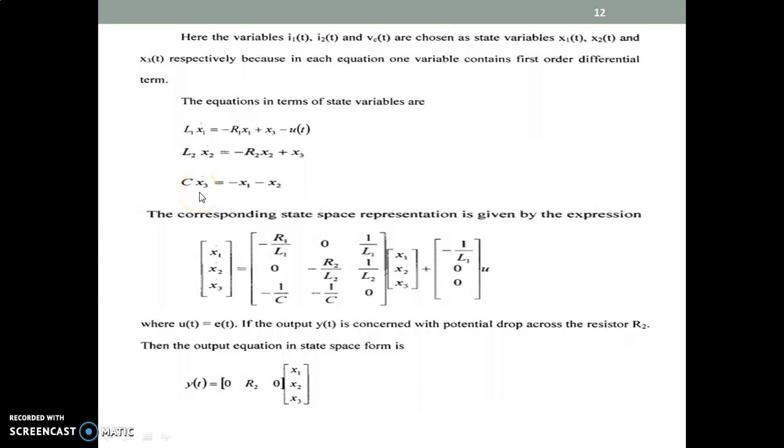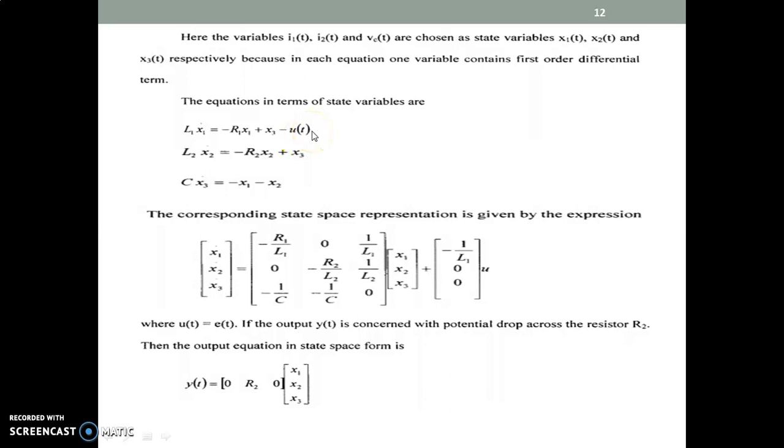Now, when you are representing in the state model, you have to take x1 dot, x2 dot and x3 dot and shift the remaining values to the right. What will you get? X1 dot equal to minus R1 by L1 into x1 plus, there is no x2, right, 0, plus 1 by L1 into x3 minus 1 by L1 into U of t.